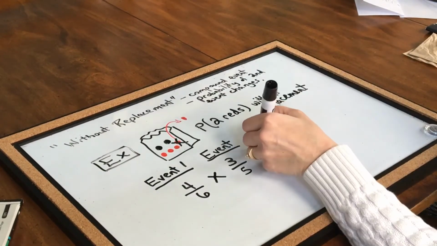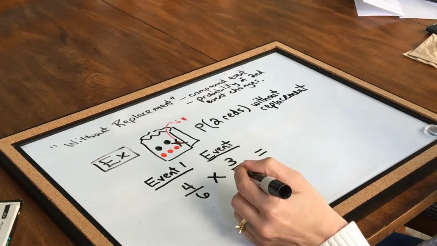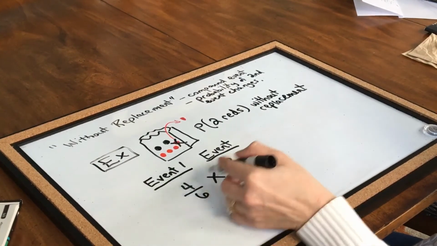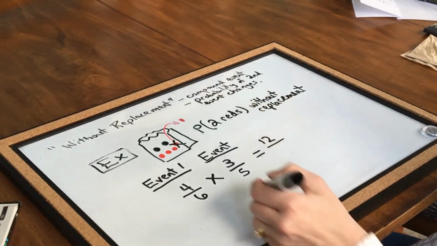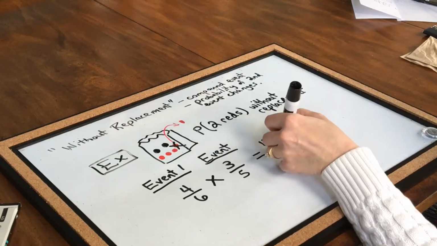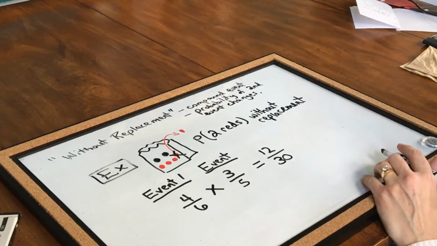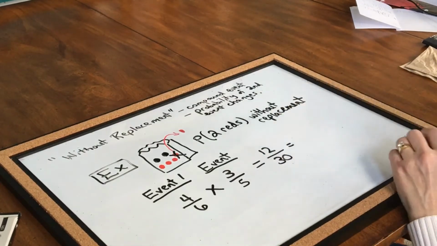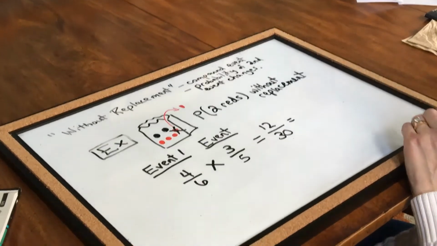So let's do this multiplication, okay? I can multiply this together, and I'm going to multiply my numerators. 4 times 3 is 12, and I'm going to multiply my denominators. 6 times 5 is 30. So my probability of this event happening is 12 over 30. I can reduce that number. If I look at both of these, they're both divisible by 2.